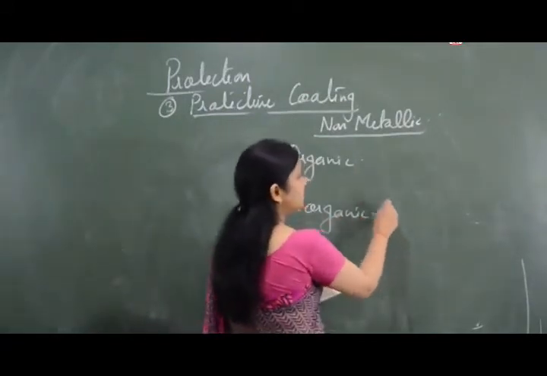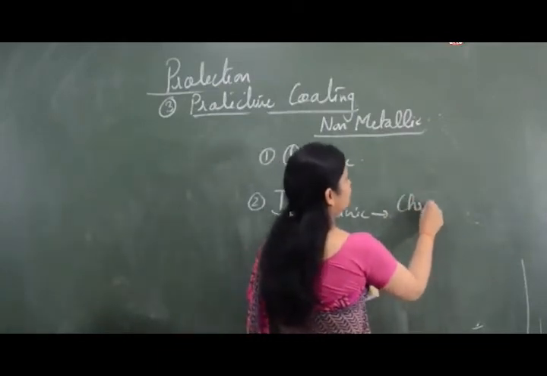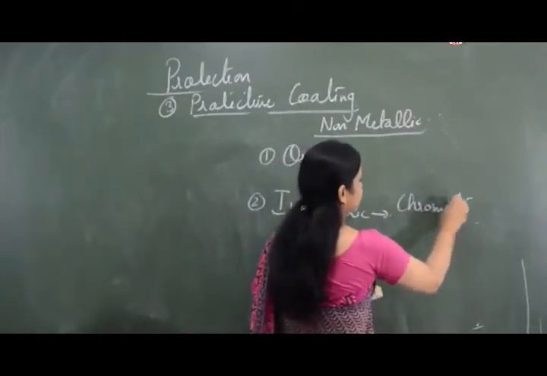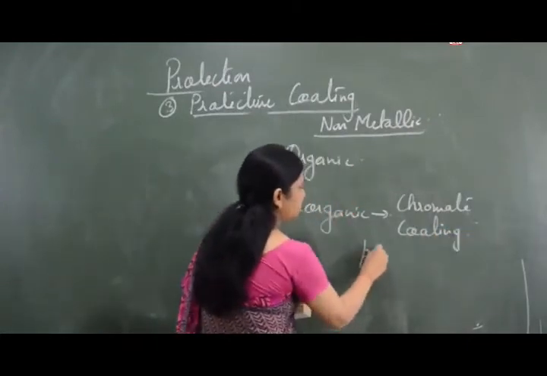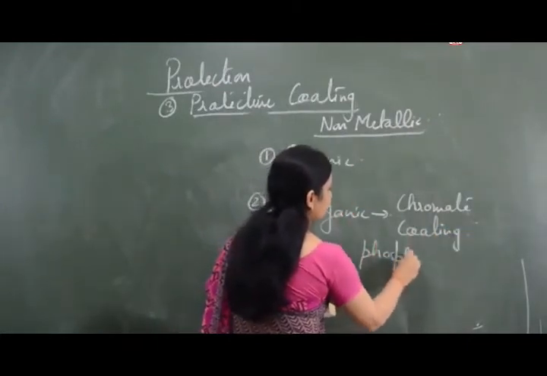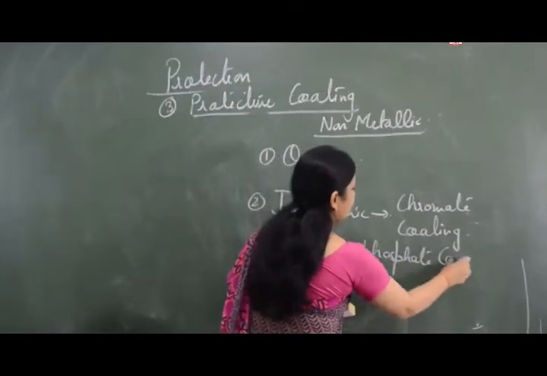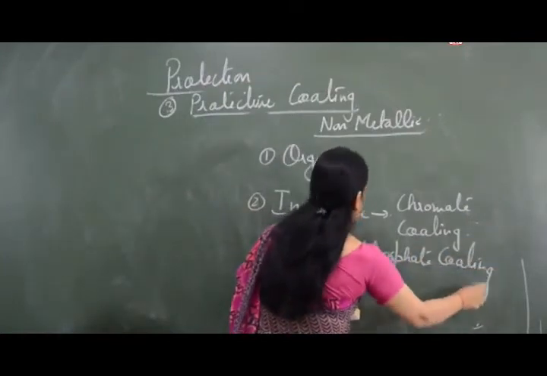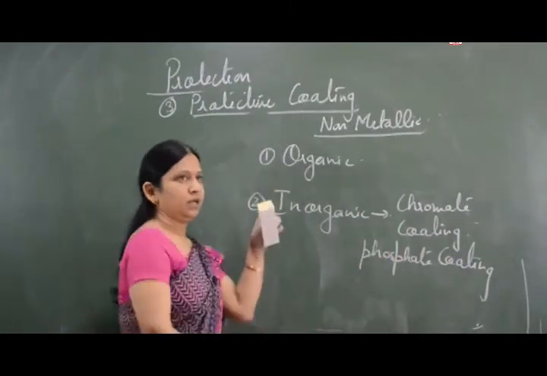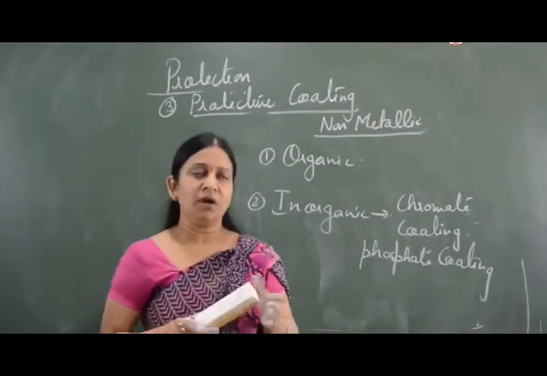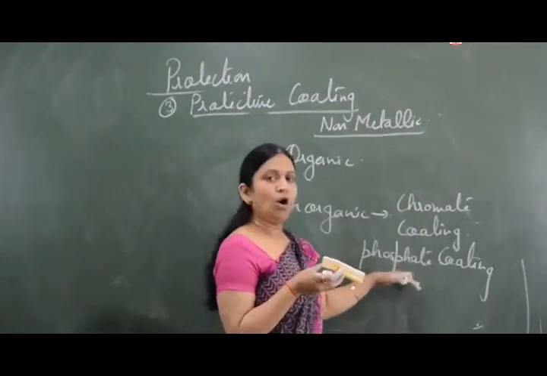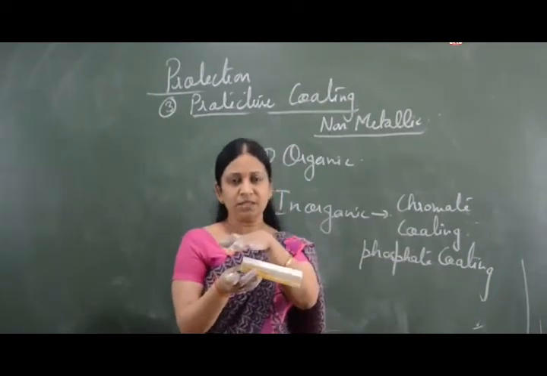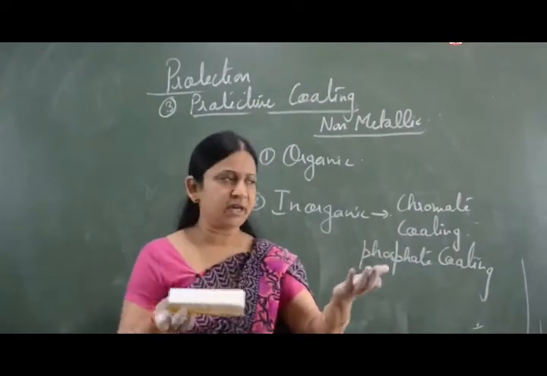Inorganic coating means, for example, chromate coating or phosphate coating. We develop a chromate or phosphate coating on the metal surface to protect it.